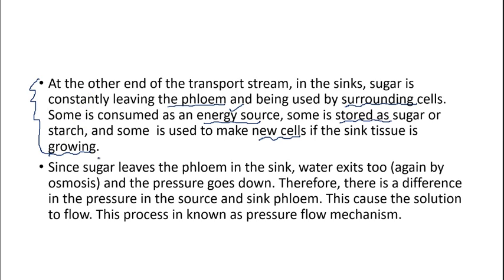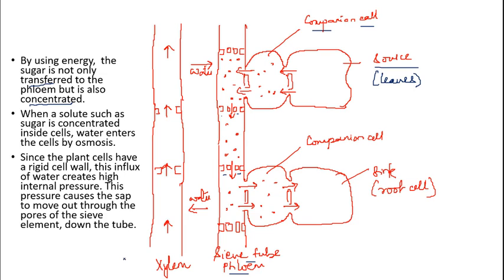Since sugar leaves the phloem in the sink, one more thing: sugar is leaving the phloem tissue and it is entering the sink cell. When they are entering the sink cell, the water here is leaving.